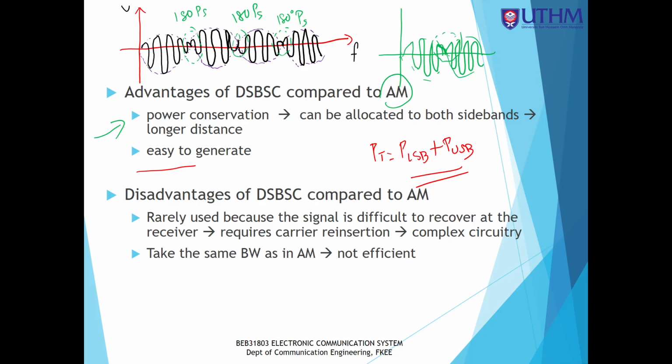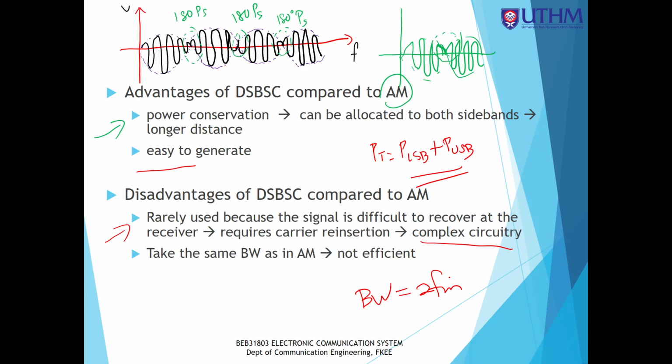Okay, so what is the disadvantage? Rarely used because the signal is difficult to recover at the receiver. Requires carrier insertion and complex circuit design. So the circuit design for the receiver is complex compared to the double sideband full carrier. And then it takes the same bandwidth as AM, not efficient. In terms of bandwidth, still the same. Bandwidth is equal to 2 FM.